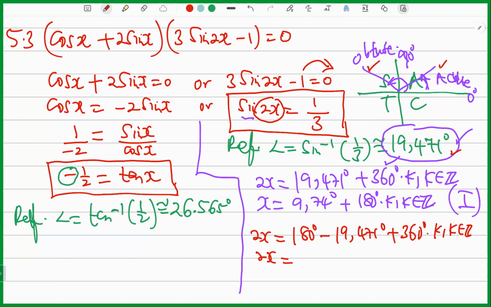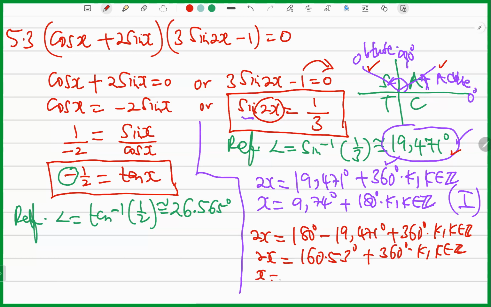So to get that result, I'm using my calculator: 180 degrees minus 19.471 degrees is 160.53 degrees plus 360 degrees times k, where k is an element of the set of integers.